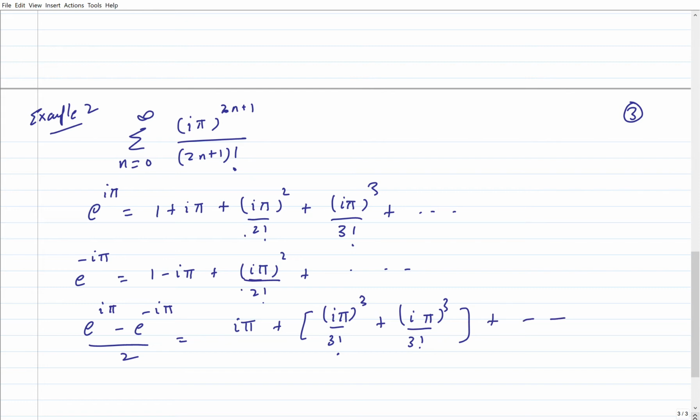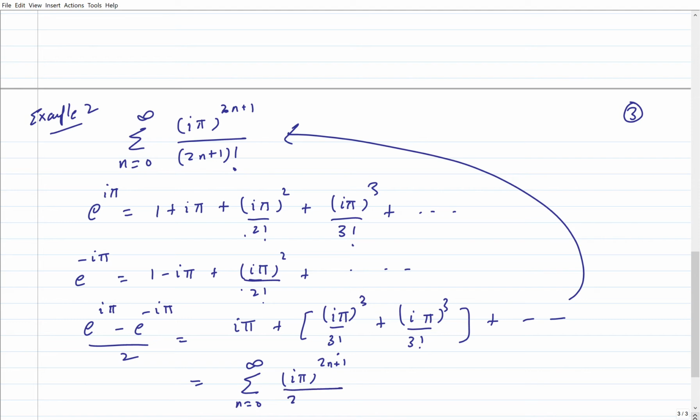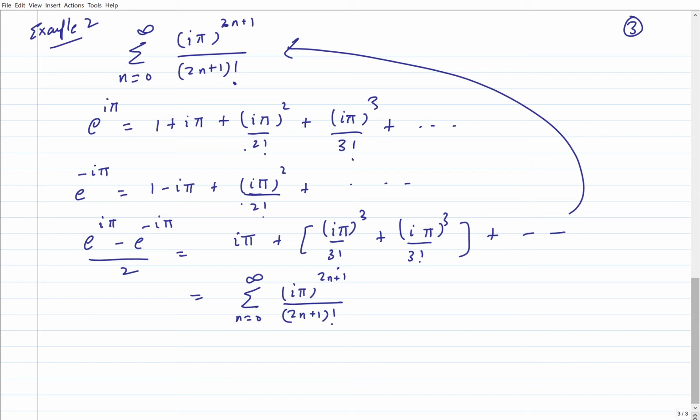The even terms cancel out and the odd terms will basically be retained. So what do I have? This is exactly what I need over here, right? So I'll have this guy as, okay.